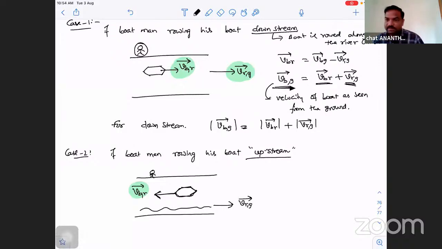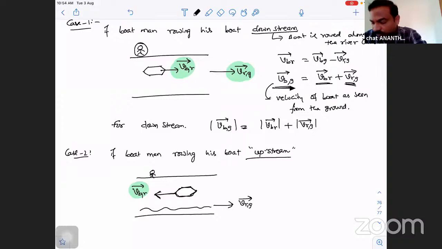Are you all understanding this? See, you are in the river, rowing a boat. You have a motor boat. You are driving your boat opposite to the river. Suppose your friend is standing on the ground. Will he see the same speed?